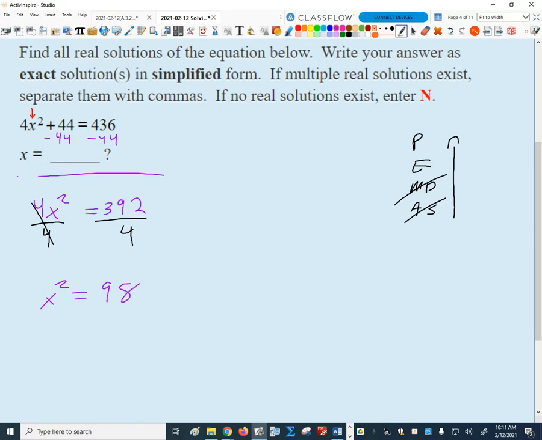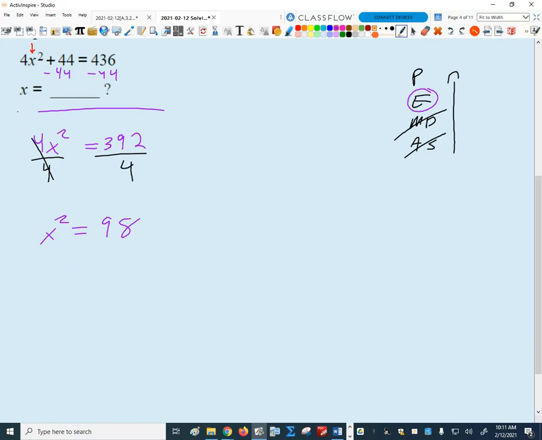Okay, now finally we're up to exponents. And so now we can square root both sides, right? Okay, if I square root both sides, remember what that's going to do. It undoes the squared. I end up with x equals, and now I've got to simplify the square root of 98. Well, we already did that one, right? That's just 2 times 49, and 49 is 7 squared.